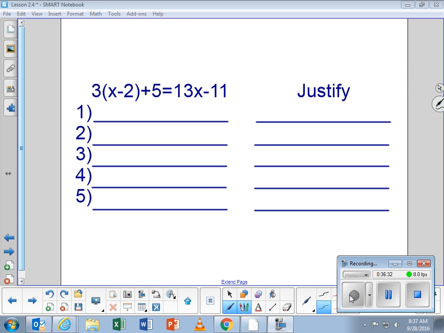Just real quick, what's the first thing I'm going to do here? I'm going to do this, right? So when I rewrite it down here, I'm going to write 3x minus 6 plus 5 equals 13x minus 11. What did I do? Distributive property, right?